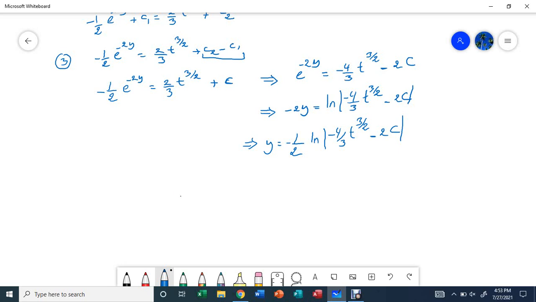So apply here: 2 equals negative 1/2 natural log of negative 4/3 minus 2C.